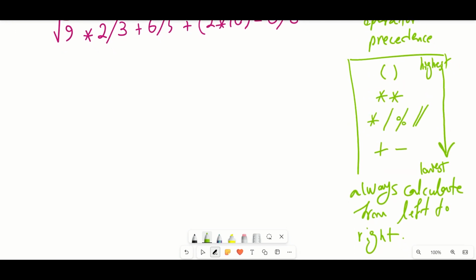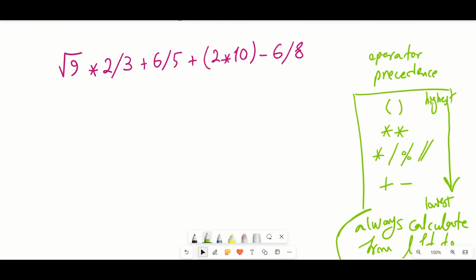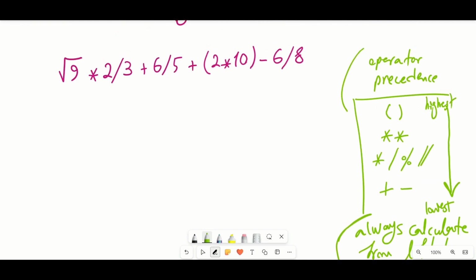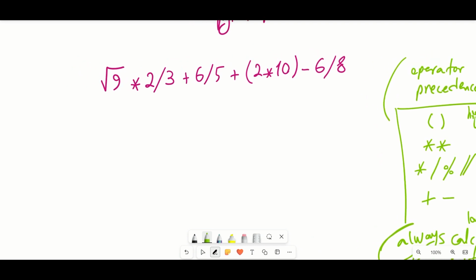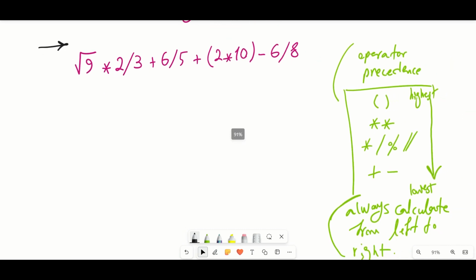So you need these two rules to calculate a mathematical expression, starting from left to right, based on this operator precedence. The highest one is parentheses. Yes, we have 2 times 10, which is 20.